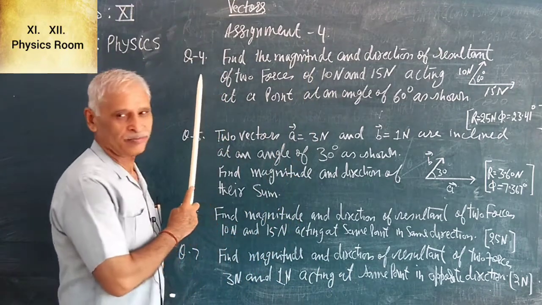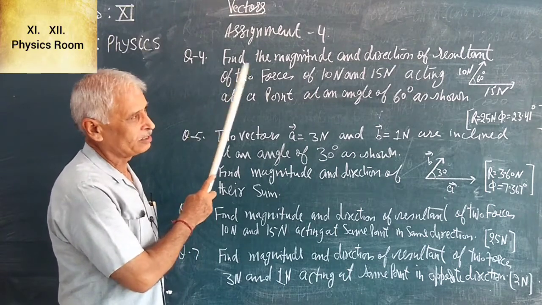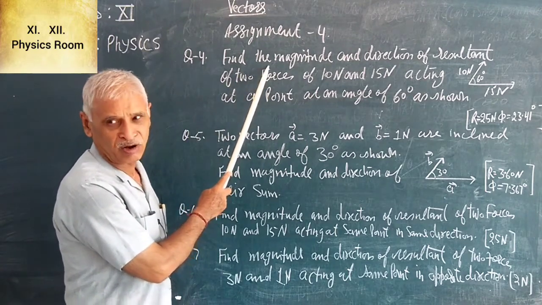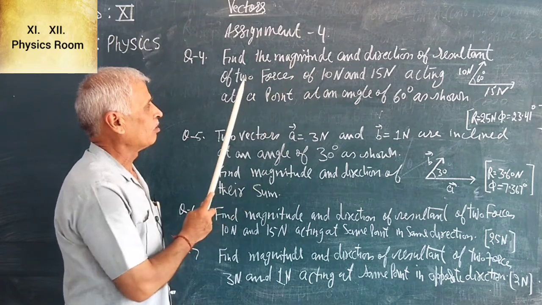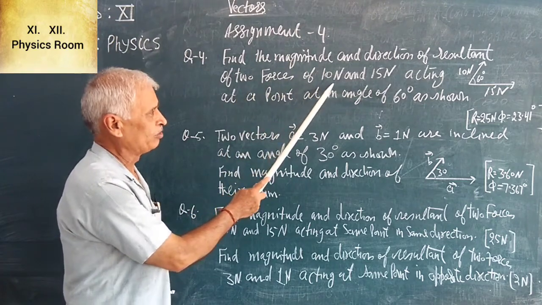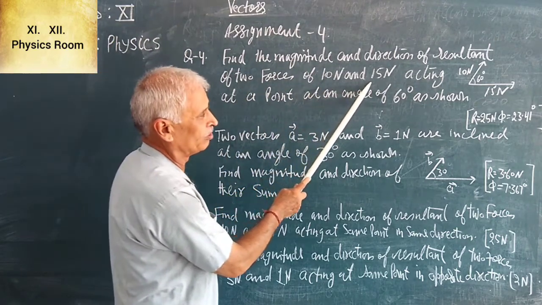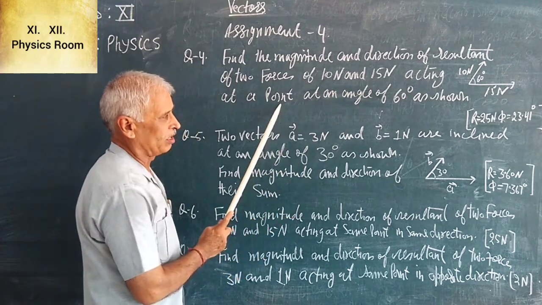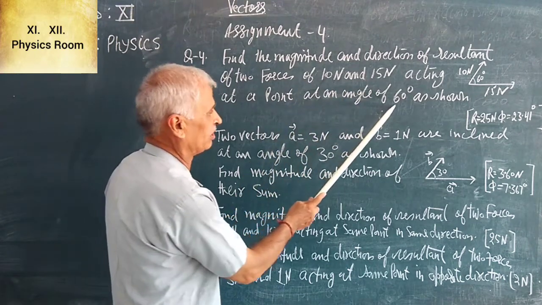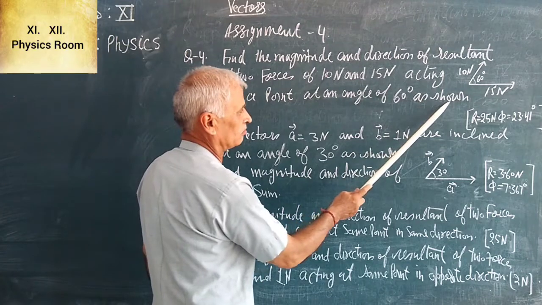Now, next question of assignment 4. Question number 4. Find the magnitude and direction of resultant of two forces of 10 Newton and 15 Newton acting at a point at an angle of 60 degree as shown.